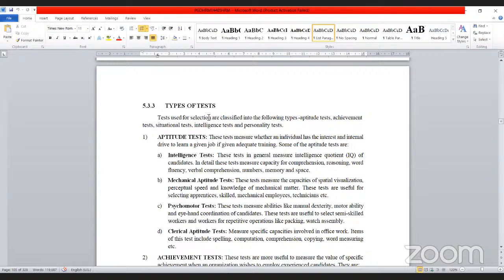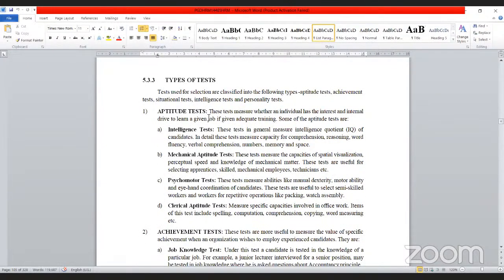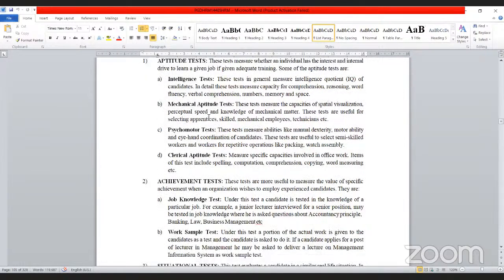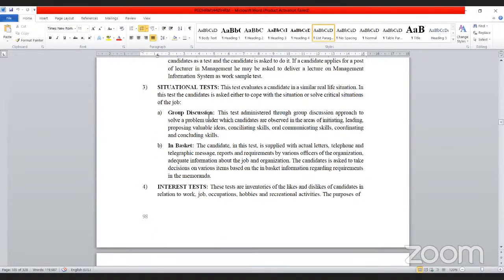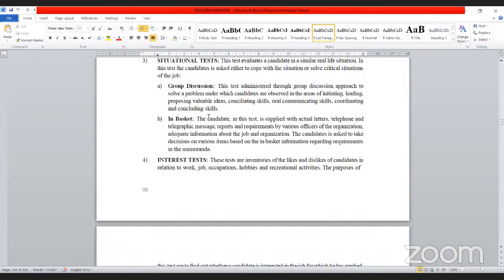In a few organizations, one of the most important things is the types of tests given to employees. The aptitude test checks their intelligence, the achievement test checks their knowledge, and the situation test includes phone talks or a GD round, the group discussion round.